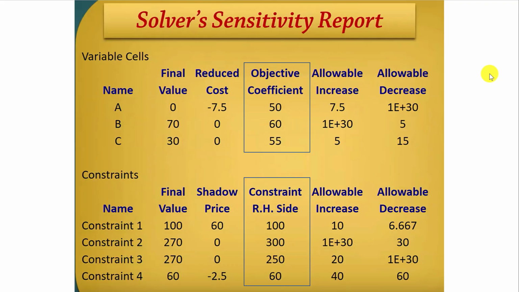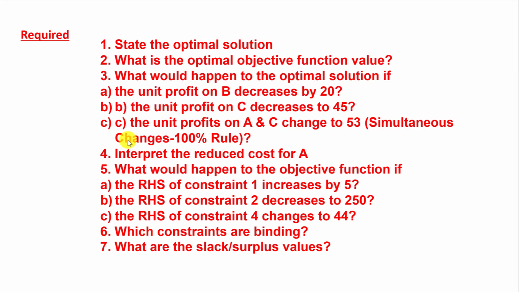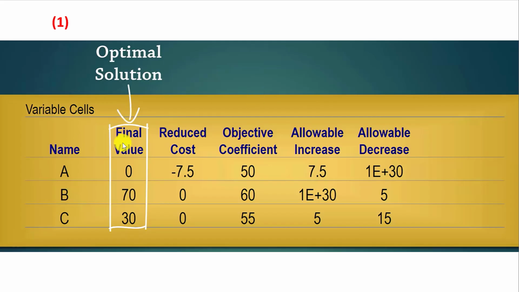If we see the first table, the final value here is the optimal solution for A, B, and C. So the optimal solution is 0, 70, and 30.